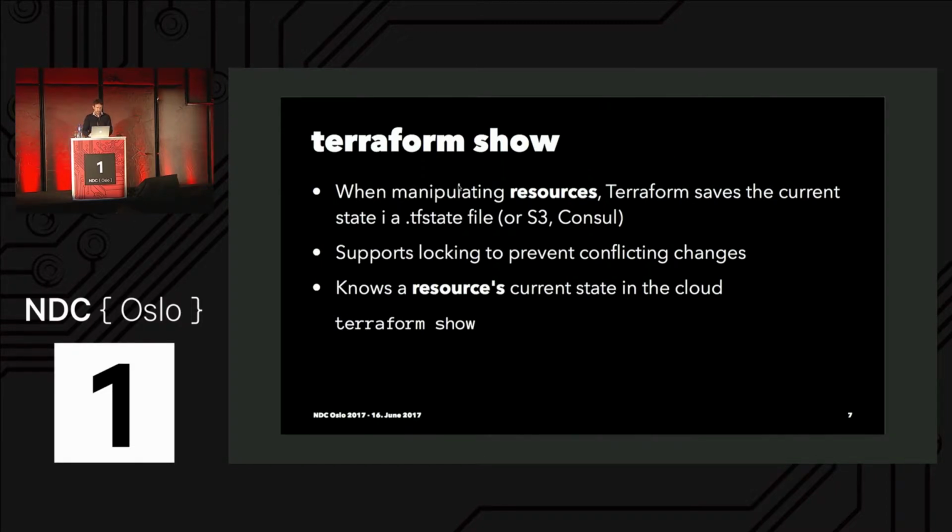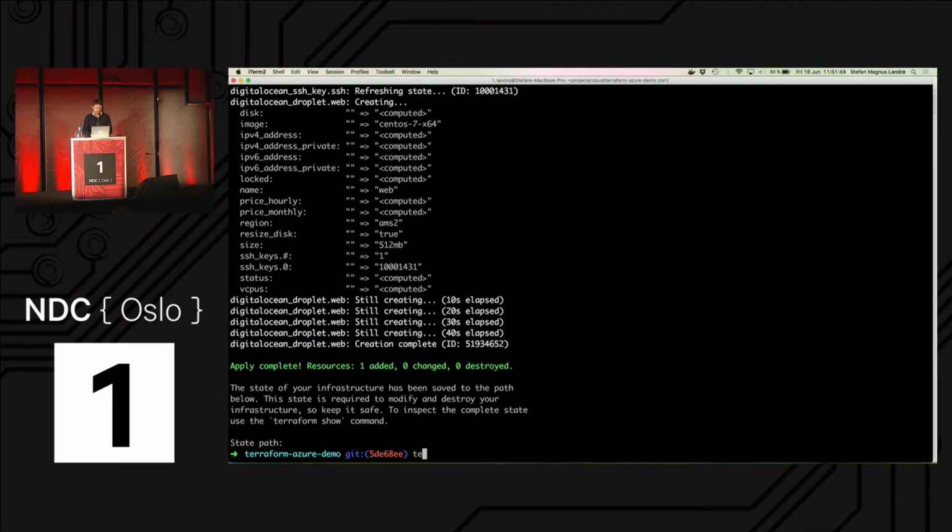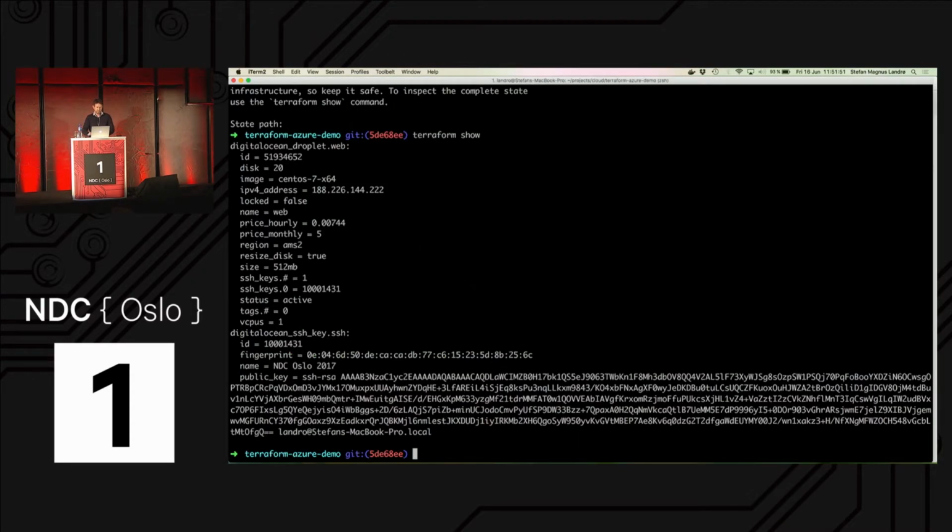So let's find that IP address. So here it is. So the Terraform show command gives me the contents of my state file in a readable format. So this is the IP address, and I can actually log into that now using SSH.